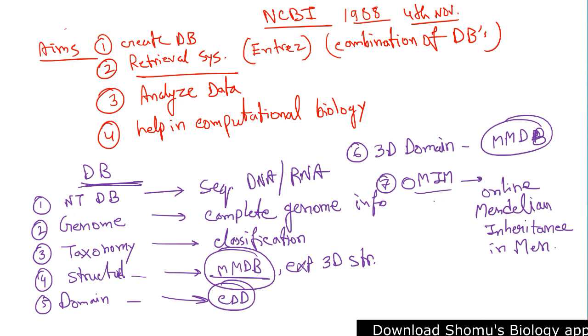These are all examples of databases that are available. Some more examples: SNP, single nucleotide polymorphism database. What else do we have? UniSTS, that is sequence tag site. STS means sequence tag site markers.